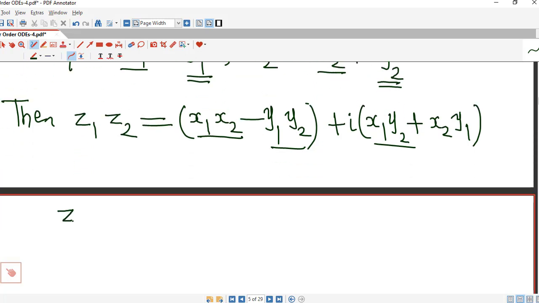For example, suppose I have z1 equal to 2 plus 3i and z2 equal to 5 minus 7i.